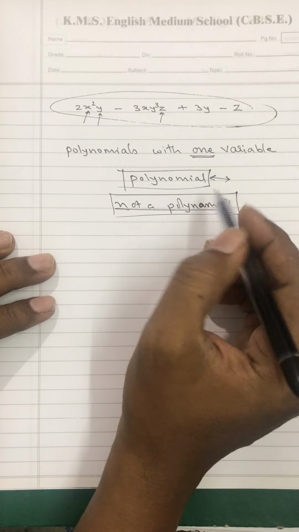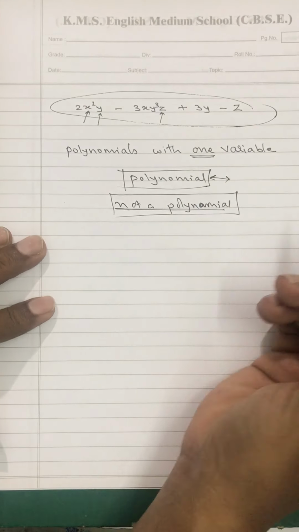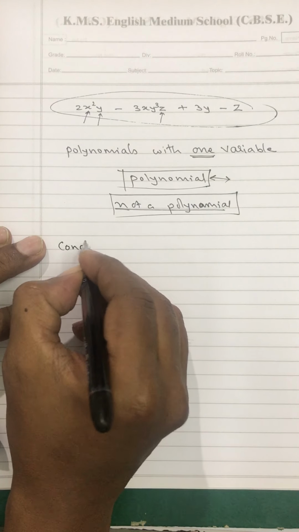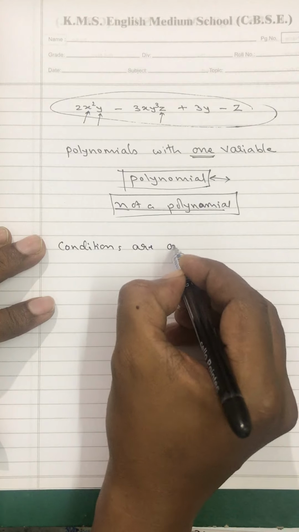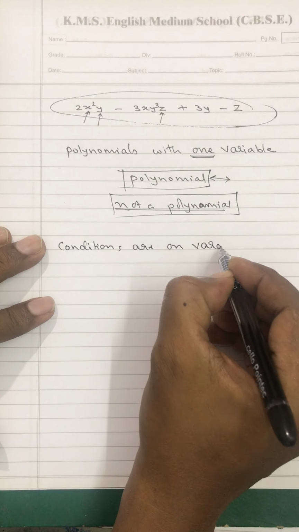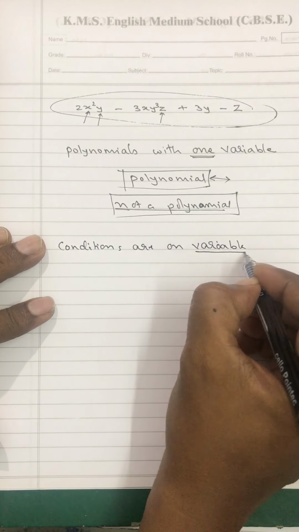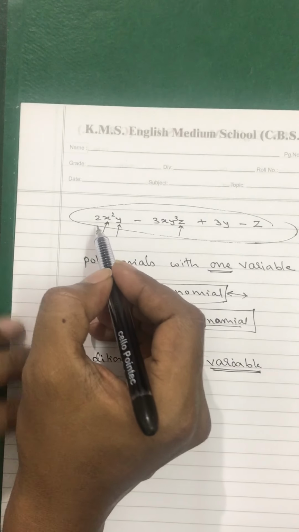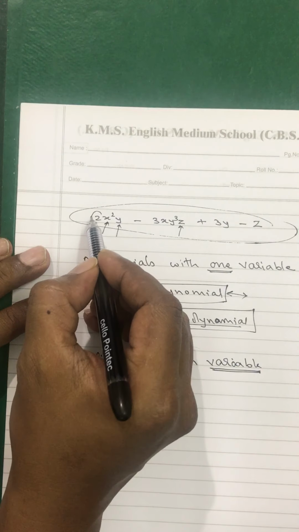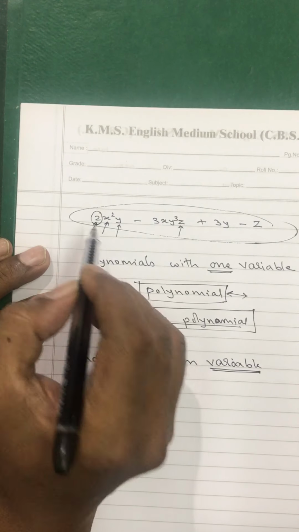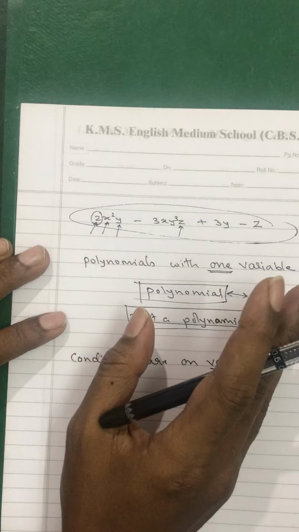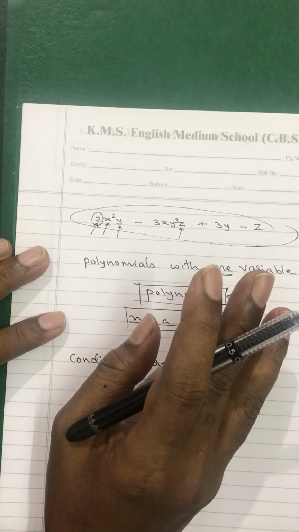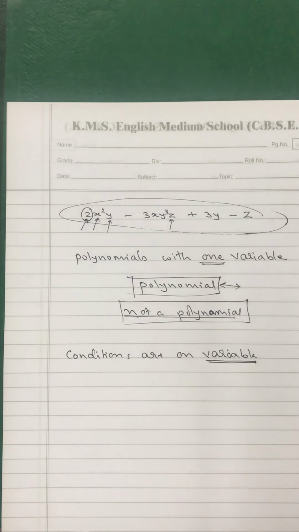See, my dear students, whether it is a polynomial or not, all the conditions are applicable on the variable only. The coefficients, which are the numbers multiplying with the variables, don't play any role. You don't have to think about what is the form of the coefficients.